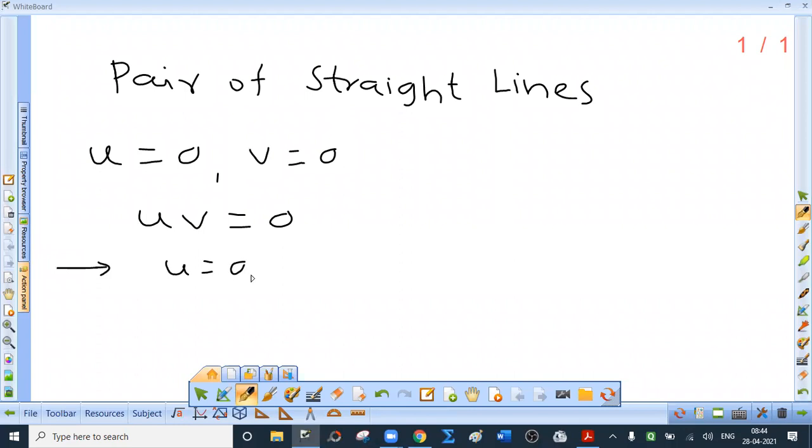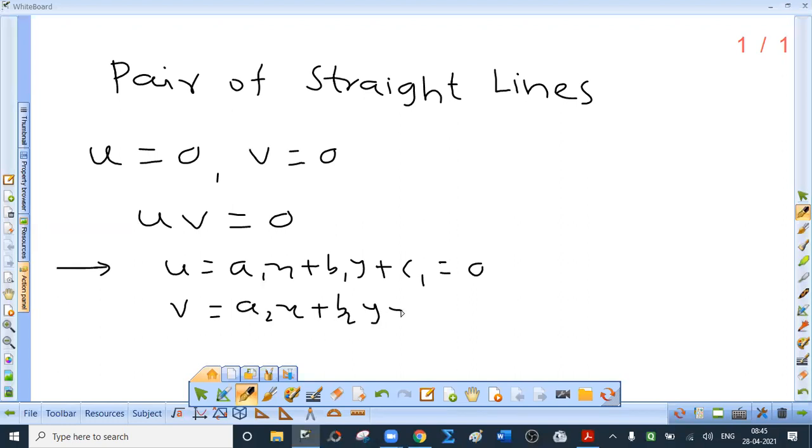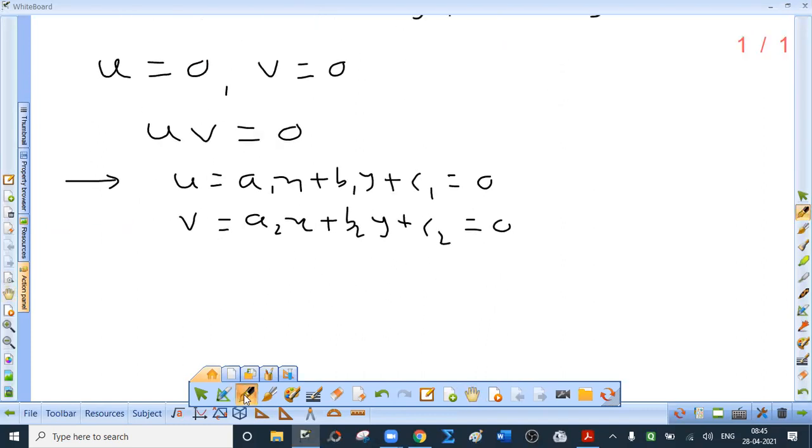Suppose u is a1x plus b1y plus c1 equal to 0. You know that general equation of line is ax plus by plus c equal to 0. And suppose v is a2x plus b2y plus c2 equal to 0. Now consider the equation uv equal to 0.